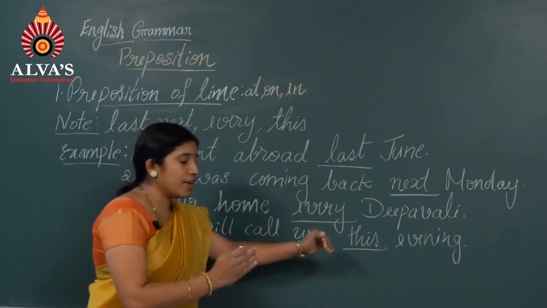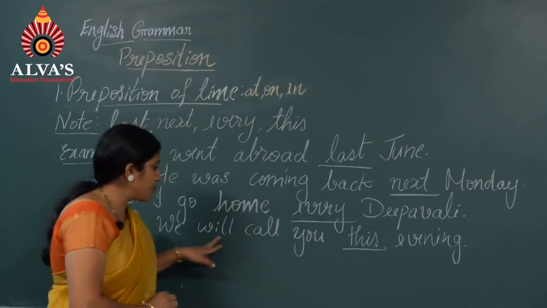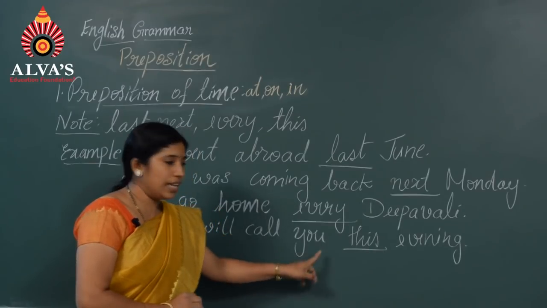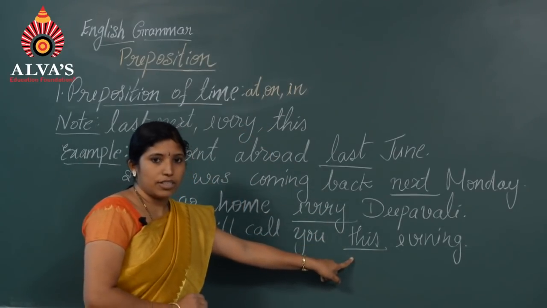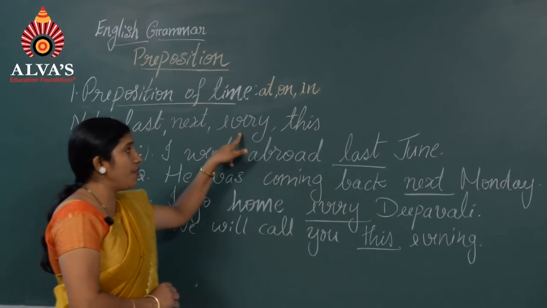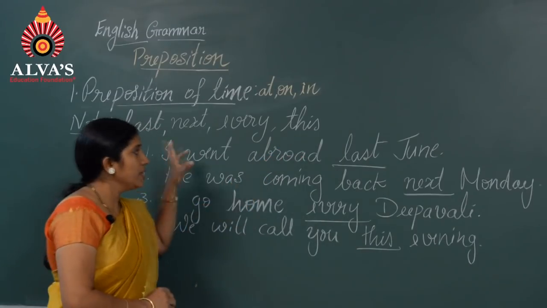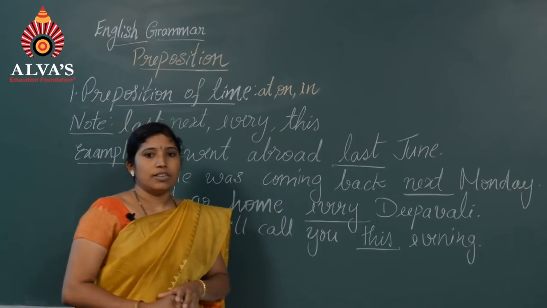Though for a part of the day we usually use "in the evening", in this particular sentence you cannot use "in", because "this" is used here. These are the exceptions. When there are the words last, next, every and this in the sentence, you are not supposed to use prepositions.